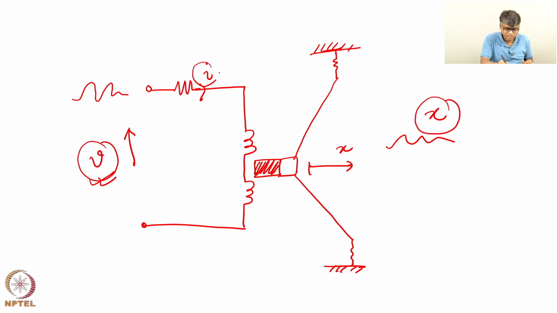All these other variables are auxiliary variables, namely the armature current, the magnetic field that it sets up, or the magnetic force that it creates. These are variables which are there to help us write the equations. But as such, we are interested in the relationship between V and x only.